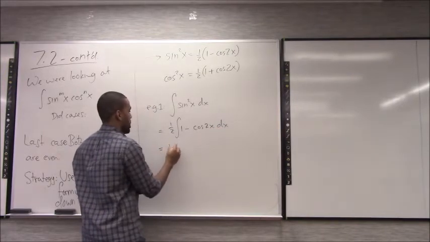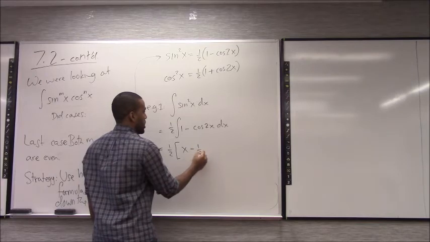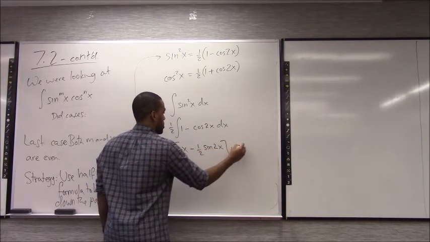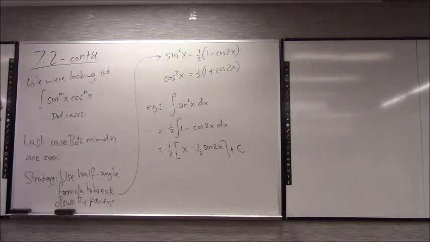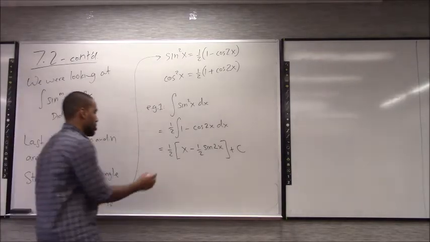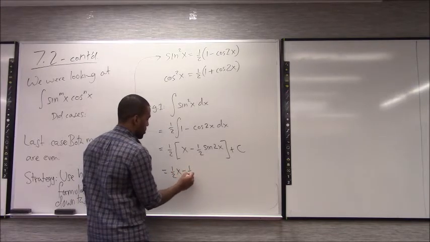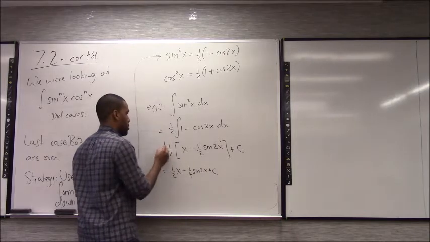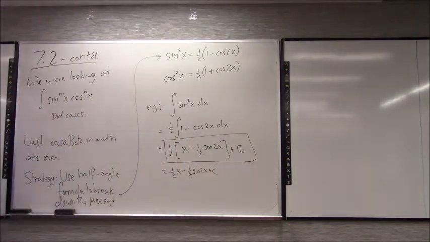This is going to be 1/2 times (x minus a half sine 2x). That's not bad. But it's completely fine to leave it like that. You could multiply out if you wanted to, but I wouldn't really care. To me, that's fine. So that's how you deal with an even power.